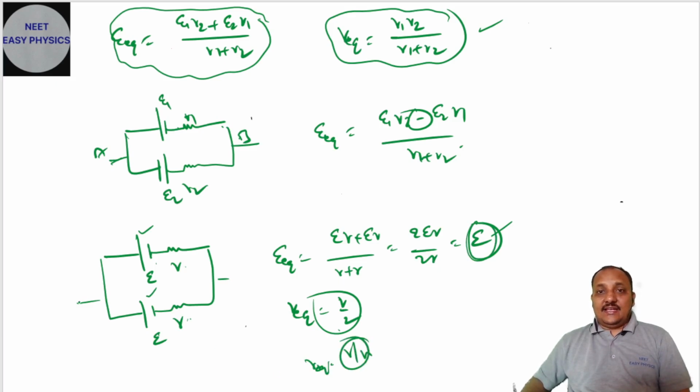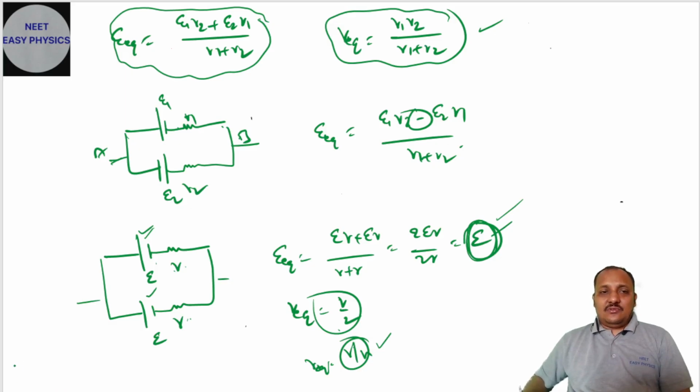If N identical cells are connected in parallel, the equivalent EMF is the identical cell's EMF, but the internal resistance is R by N. How many cells we are connecting, that we have to define.